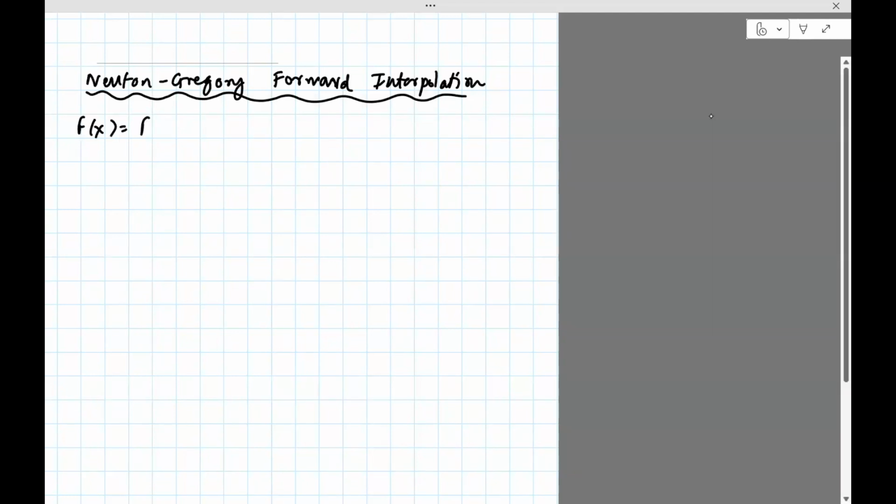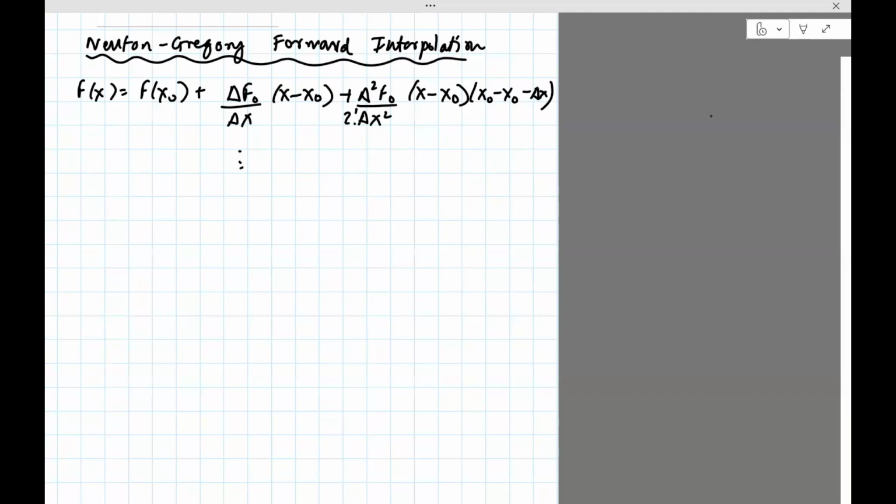It goes as follows: plus x minus x0, plus x minus x0 times x minus x0 minus delta x over 2 factorial, and so on, until x minus, sorry, this should be x0 minus delta x.